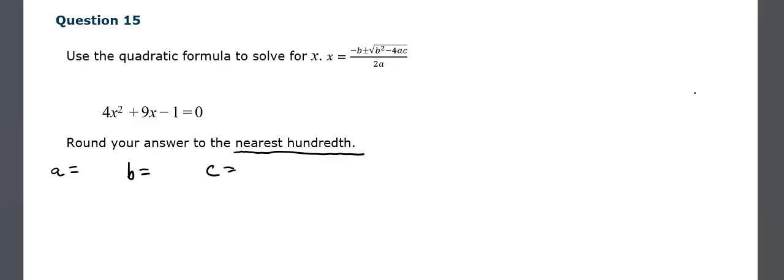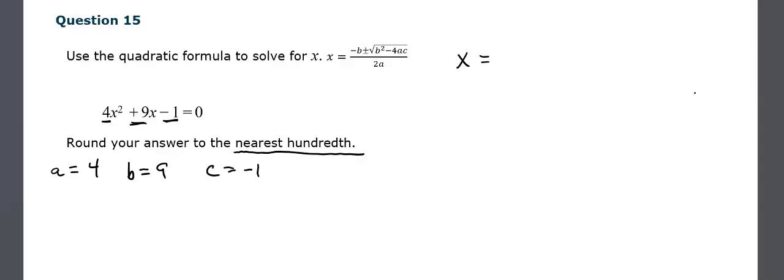So remember, A is the coefficient of our x squared term. B is the coefficient of our middle term. And C would be our constant, which is negative 1. So now we're going to put it into the formula. So x equals the opposite of b.